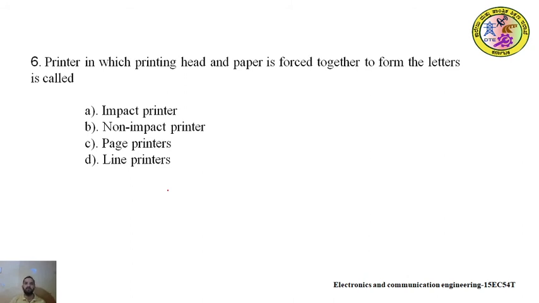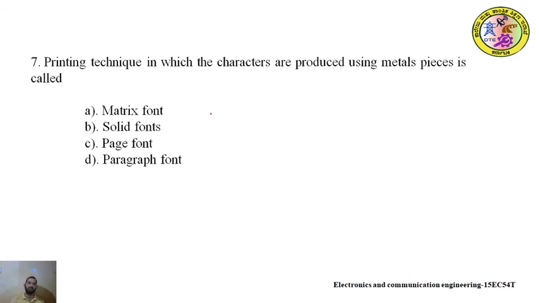A printer in which the printing head and paper are forced together to form a letter is called: impact printer, non-impact printer, paste printers, line printers. Dear students, this is the definition of impact printers. So the answer is impact printers. Next question.